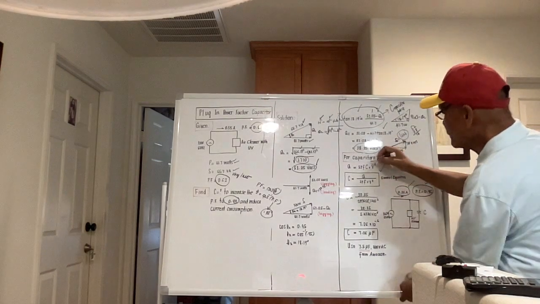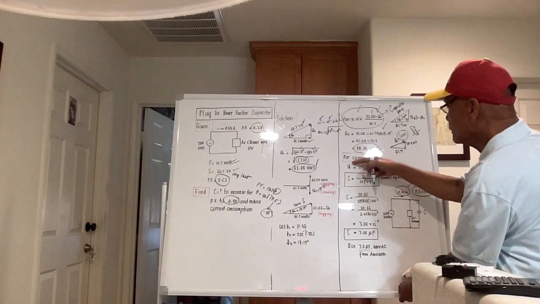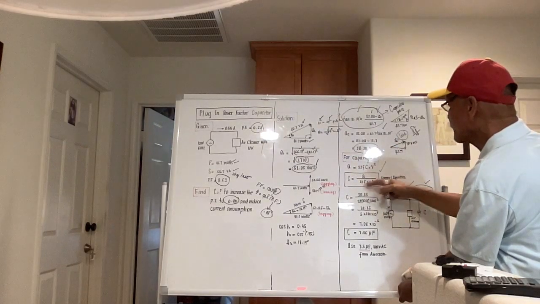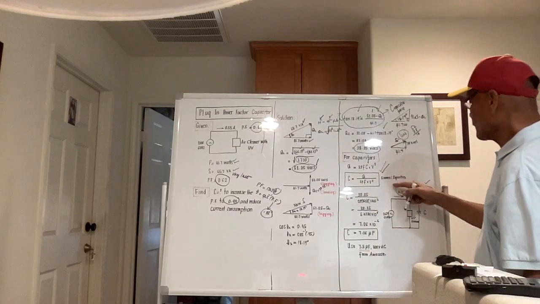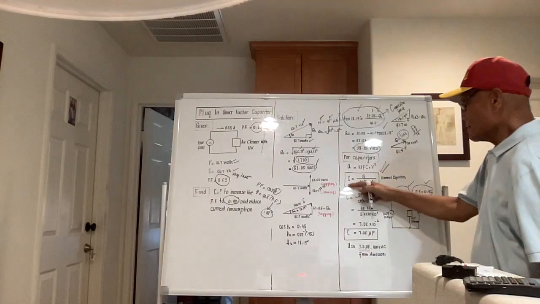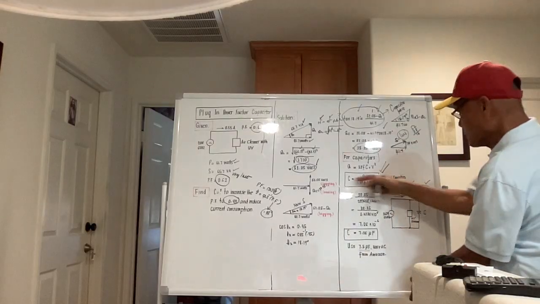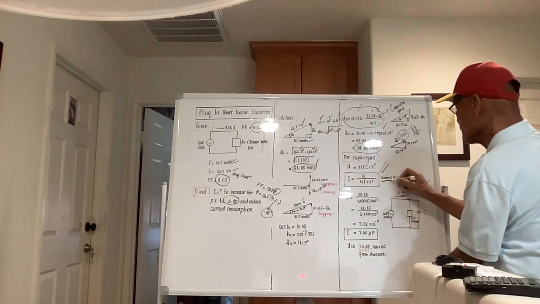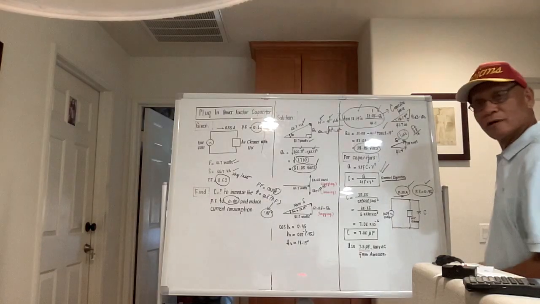So C will be Q over 2 pi f times the square of the voltage. This is a general equation on how to compute the capacitance of a capacitor needed for power factor correction. This will not change, so I place it here. So this is now just a matter of substitution.